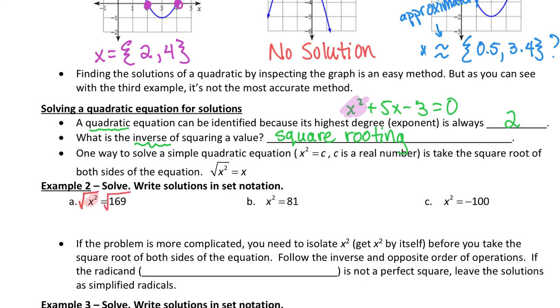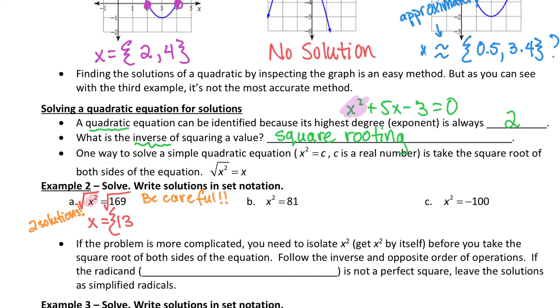And if I do something on one side of an equal sign, I've got to do it on the other. Well, this becomes very easy, and we get x equals, if you use a calculator, you'll see the square root of 169 is 13. But you've got to be careful.